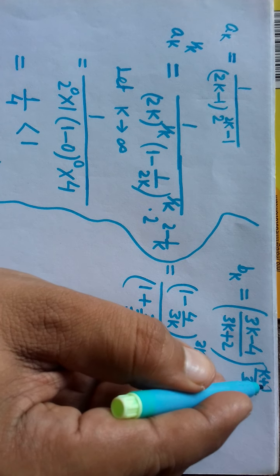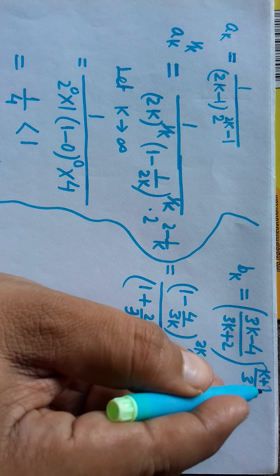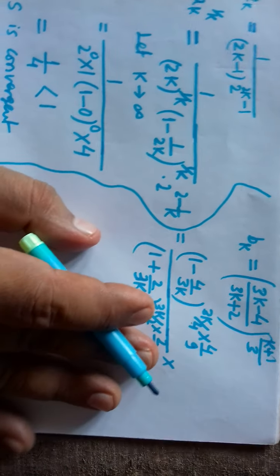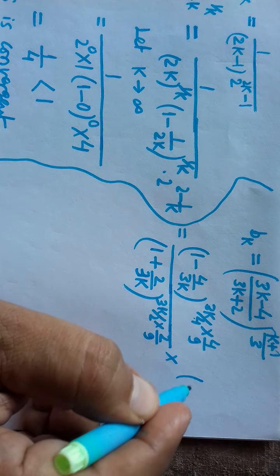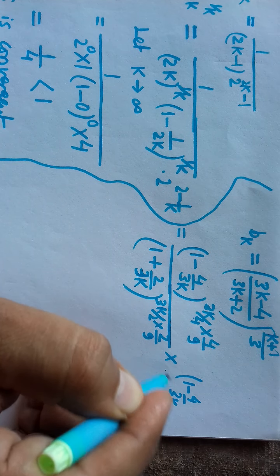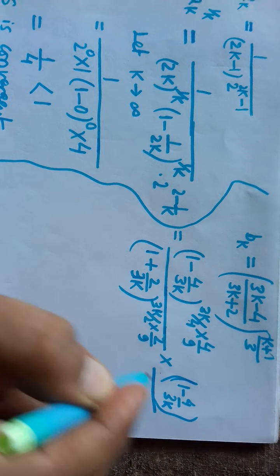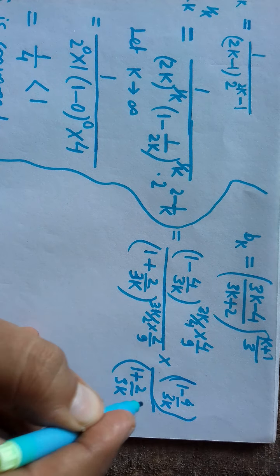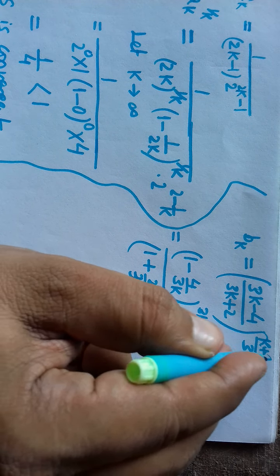We have taken k by 3 but not taken 1 by 3. So in the second factor we have to write 1 minus 4 by 3k and 1 plus 2 by 3k, and this time we put this 1 by 3.